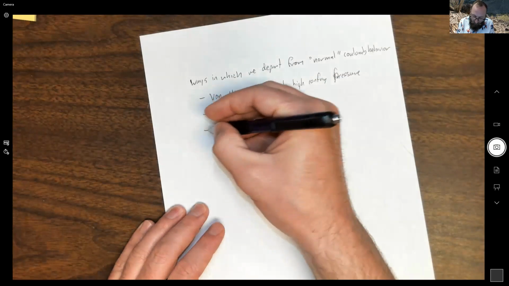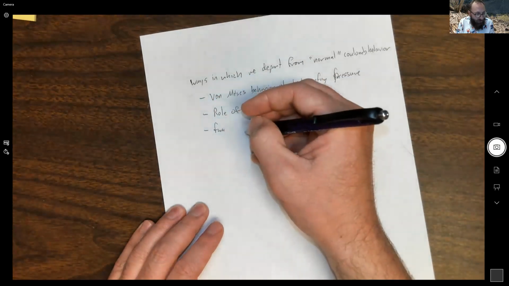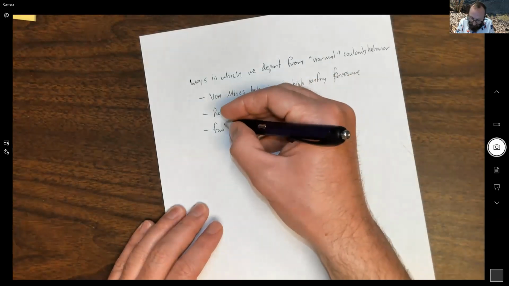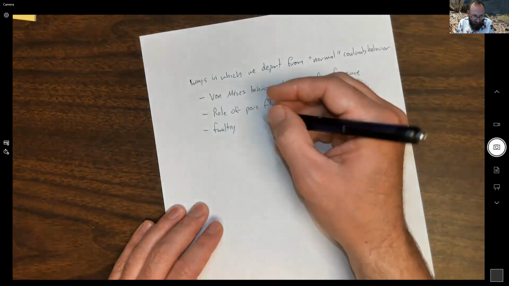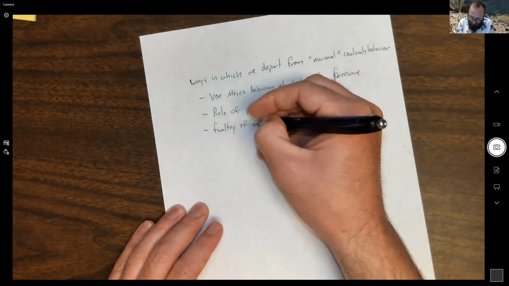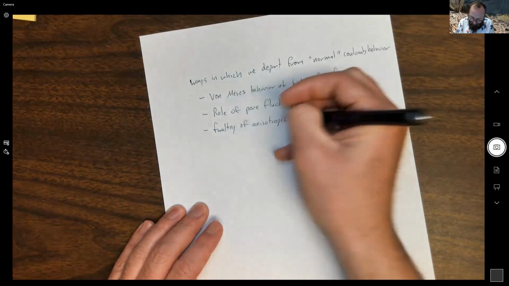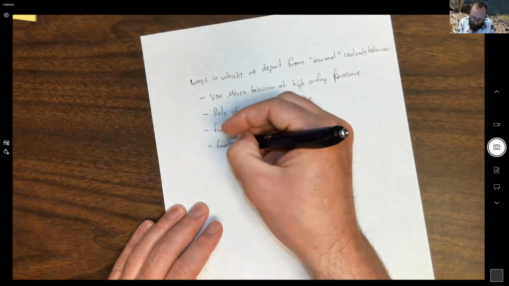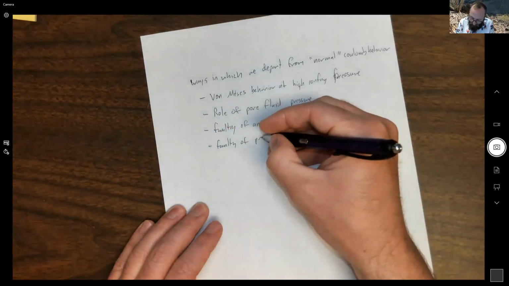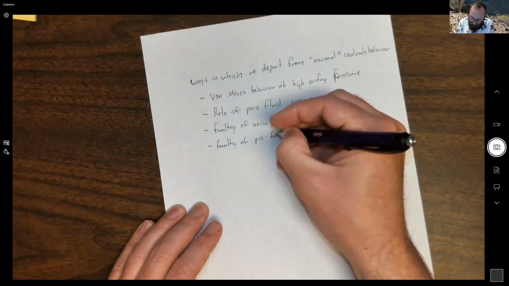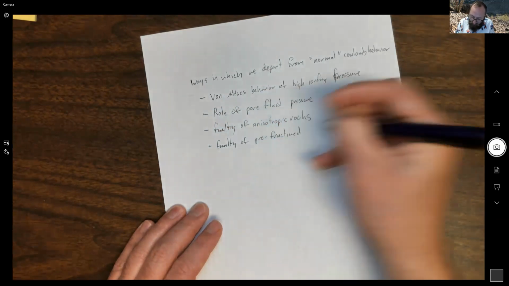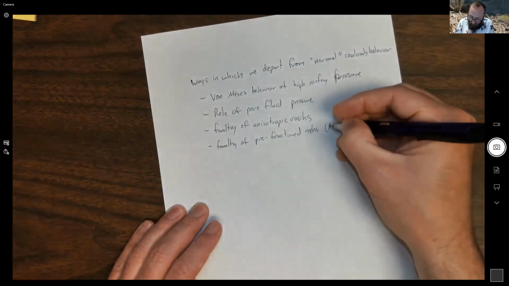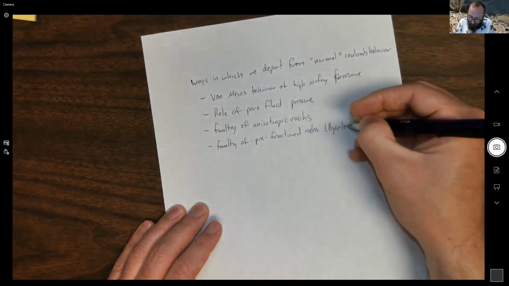And then faulting of anisotropic rocks. And then faulting of pre-fractured rocks. And we actually alluded to this earlier when we talked about the strength of the crust, and something called Byerlee's law.